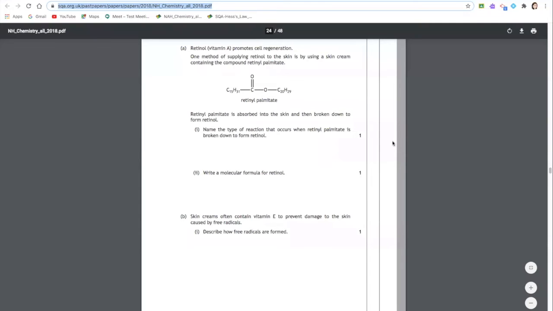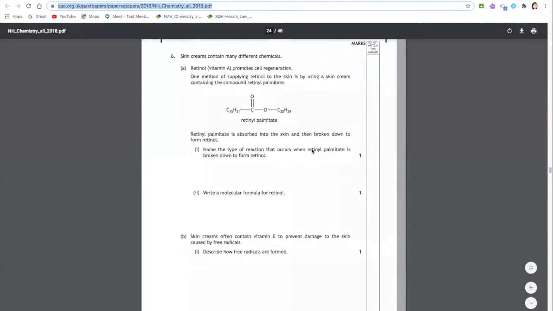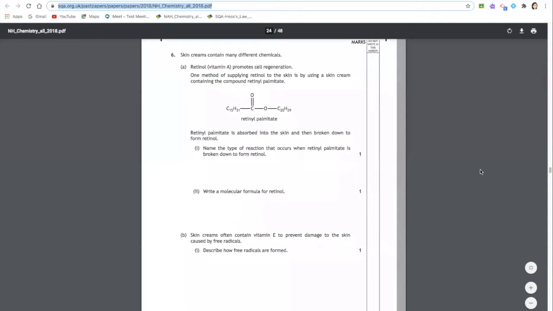Hello, in this video I'm going to take you through questions 6 to 12 of the 2018 Higher Chemistry paper. So question 6a, you've got this molecule here and straight away you can see it's an ester molecule because it's got an ester link in it.